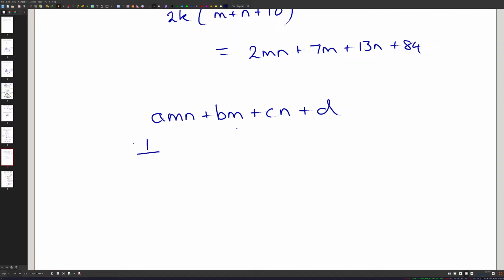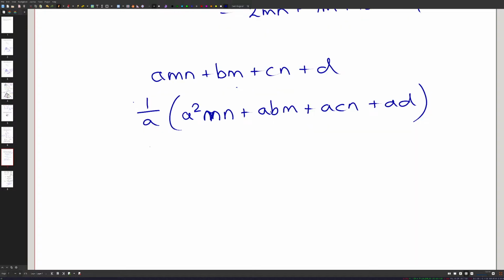This is 1 over A times this whole thing multiplied by A. So A squared MN plus ABM plus ACN plus AD.